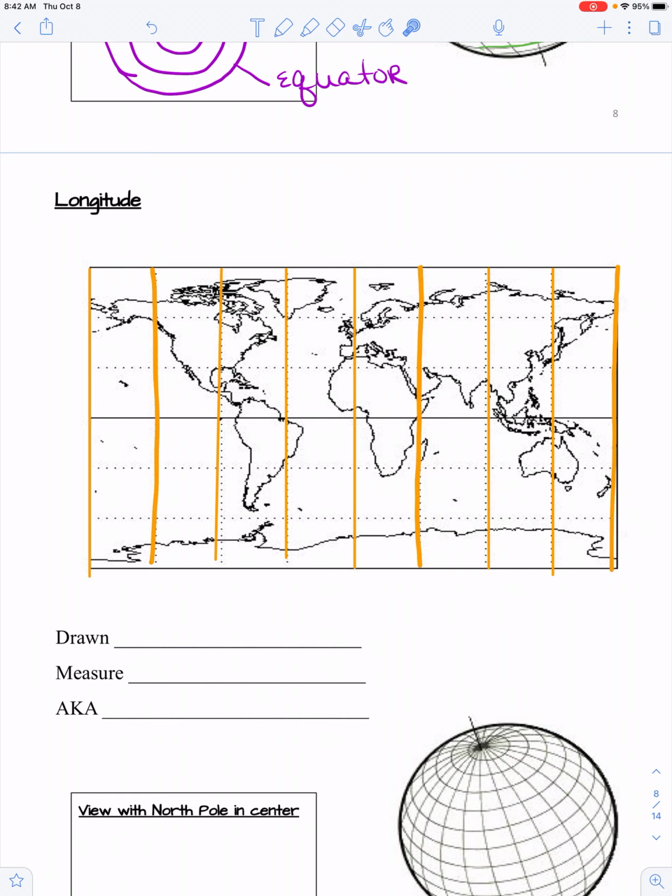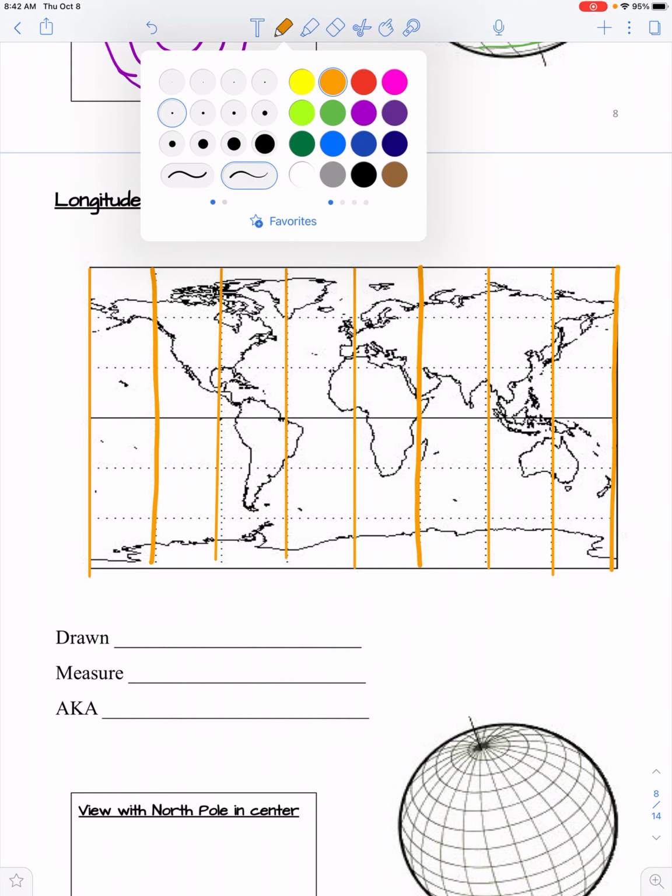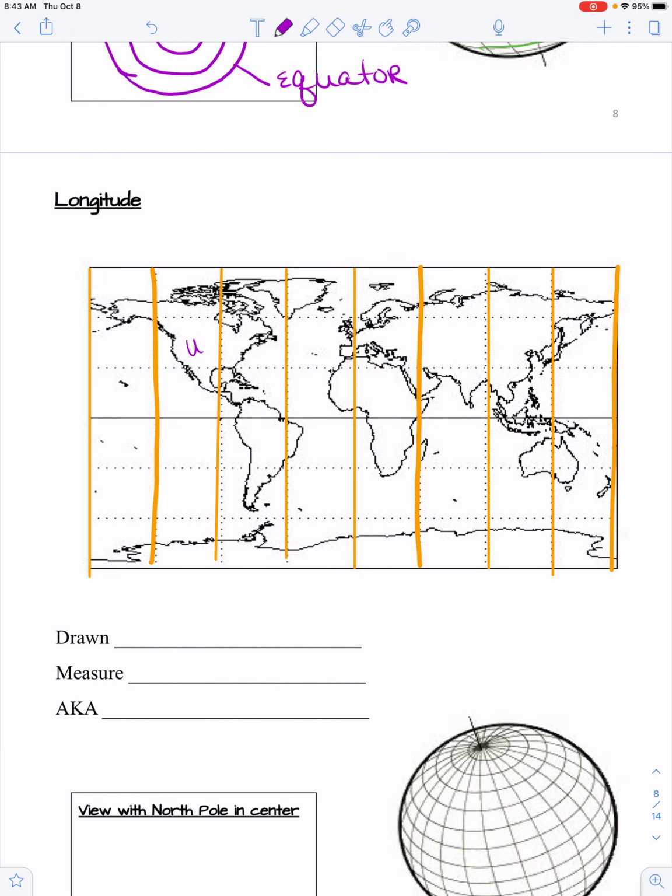So here is the USA. All right, that's us right there. And we have Europe right over here. And we know the prime meridian is going to go right through Europe. So this is our prime meridian.